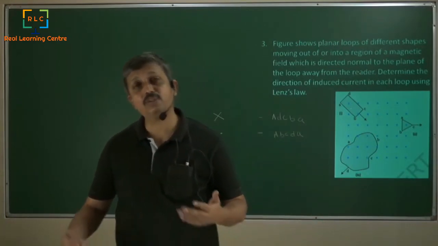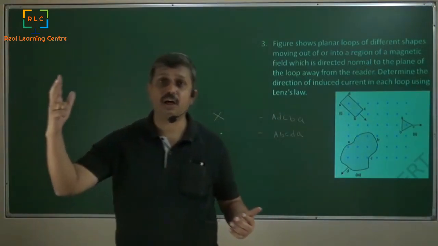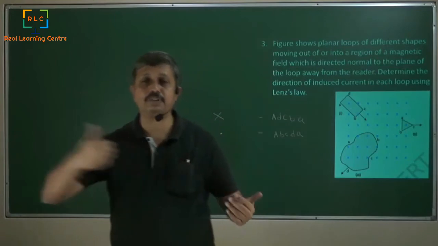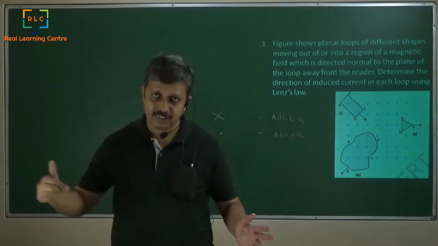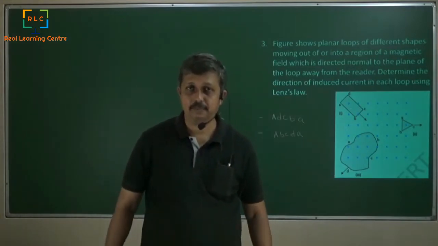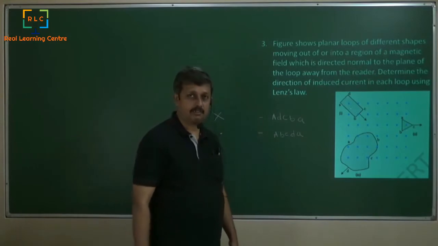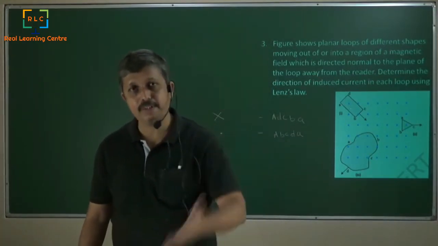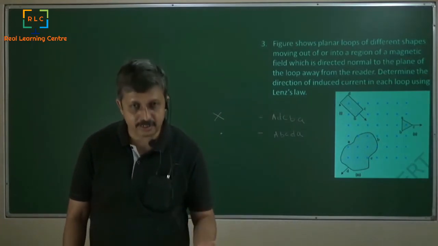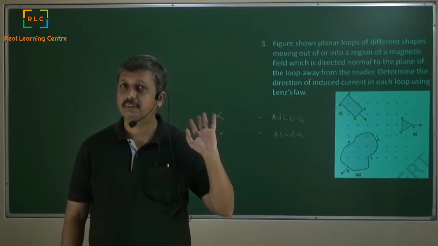So now our logic goes from the other side: if it has to be opposed, how is the current produced? Our logic is in the opposite direction, but actually what happens is that it produces current first, which opposes the magnetic field. It is like a crime scene investigation. The crime scene is already over, so you go there, see how things are, and work out what he must have done.